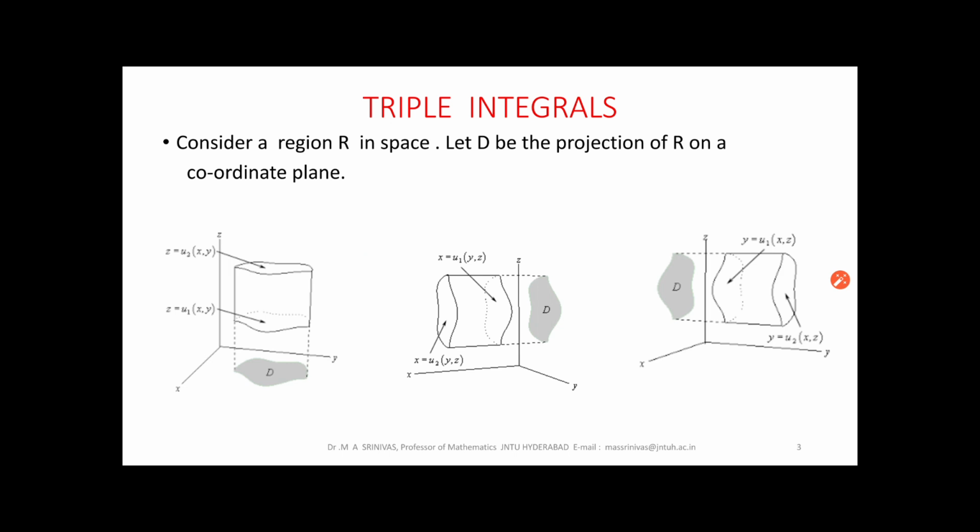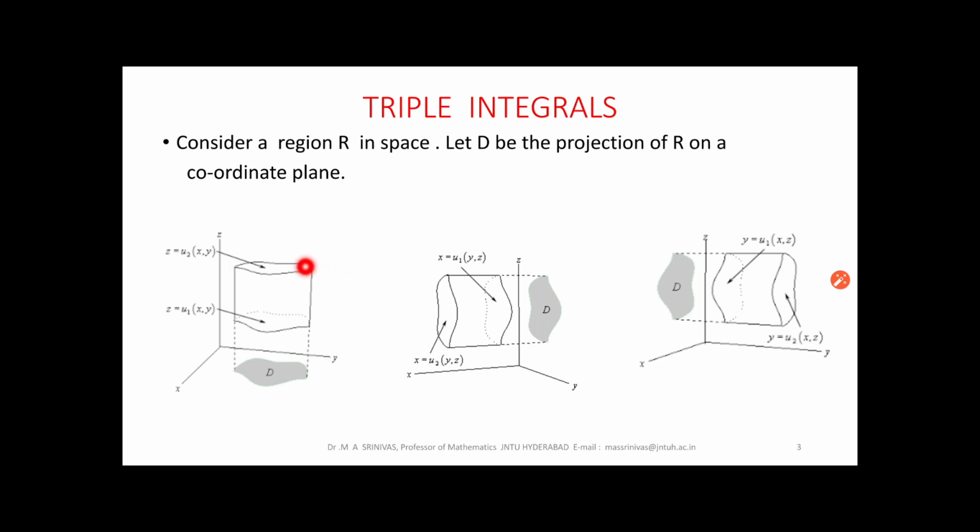The plane on which we take the projection will depend on the problem and on the region given to you, and we generally take the projection on a plane in such a way that we can find out the limits easily. Let us discuss the three cases.